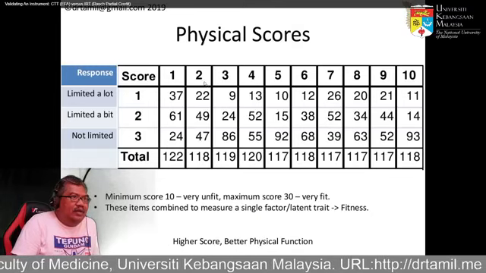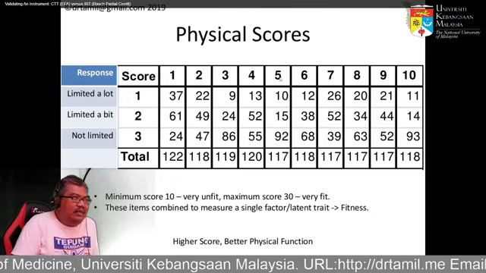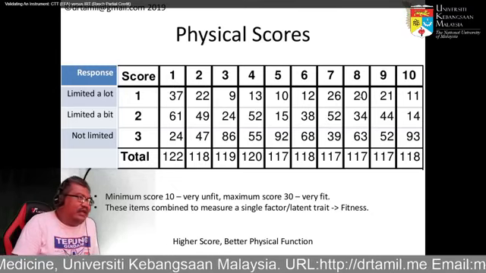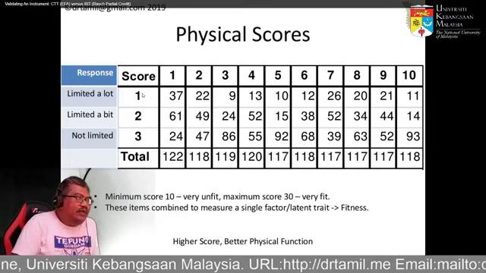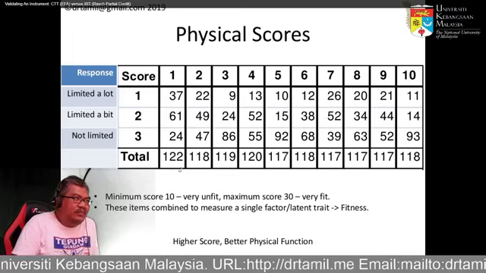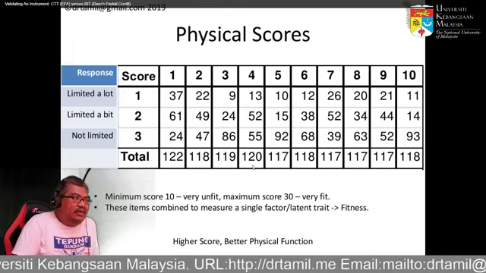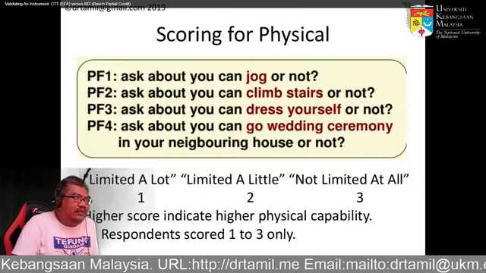So we have the question number 1, number 2, number 3, number 4, number 5, number 6, and so forth until question number 10. They score themselves 1, 2, and 3, and these are the total response. Please take note.